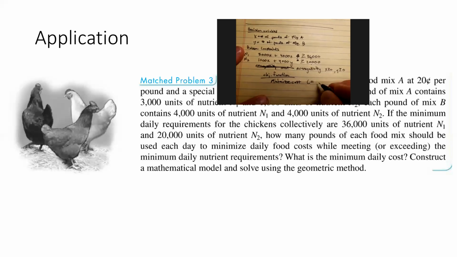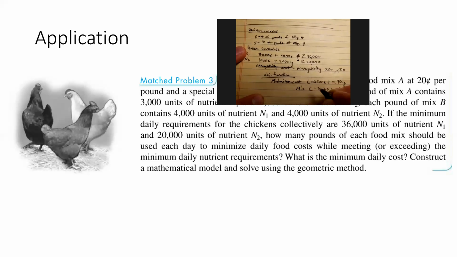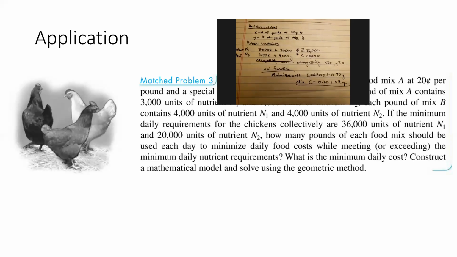It was 20 cents per pound, so 0.2 times X plus 40 cents for Y. In other words, C is equal to 0.2 times X plus 0.4 times Y, which is our cost minimizing function. So min cost. And now all we need to do is put that into a graph and figure out the corner points.